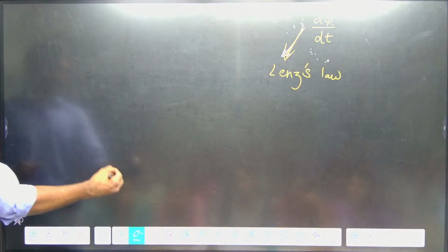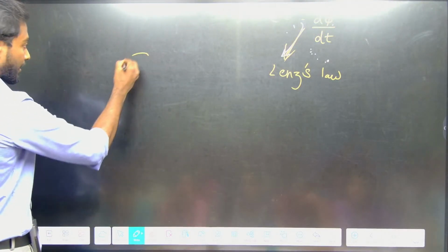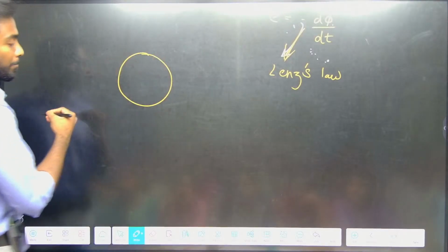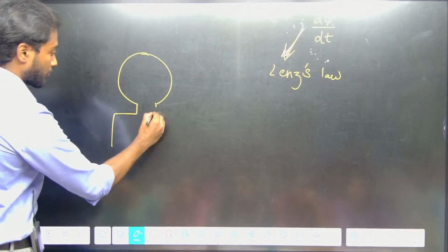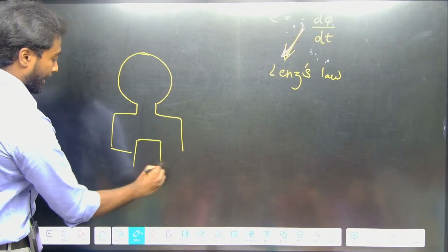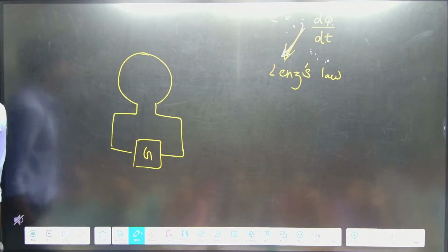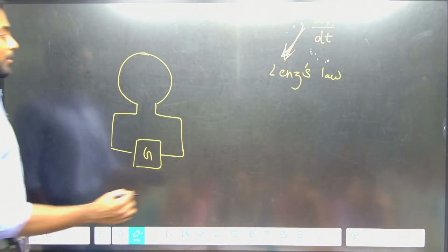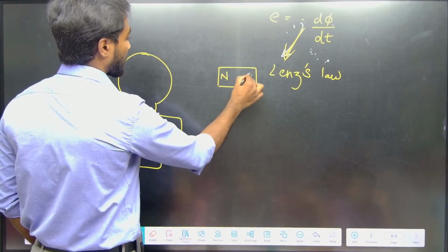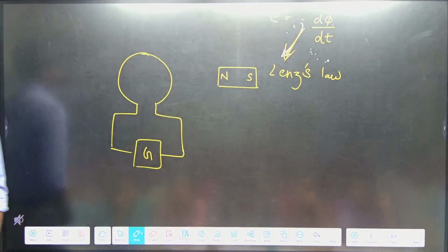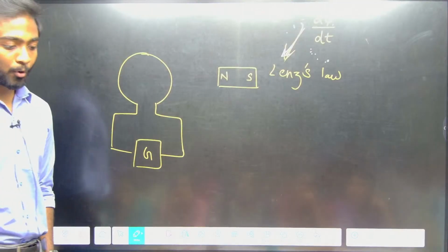Suppose there is a conductor which has been connected with a galvanometer. Now I will take a magnet. This is my north pole and this is my south pole.